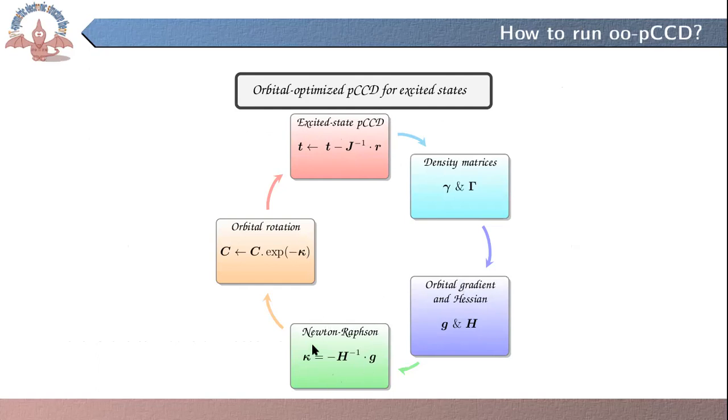And then with that, we do a Newton-Raphson for the orbital optimization. And then for each step, we have the exponentiation of the kappa vector, and then we rotate the orbitals. This sets a new reference, and we do it again. We solve again the coupled cluster equations, and we do it until the orbitals are converged.